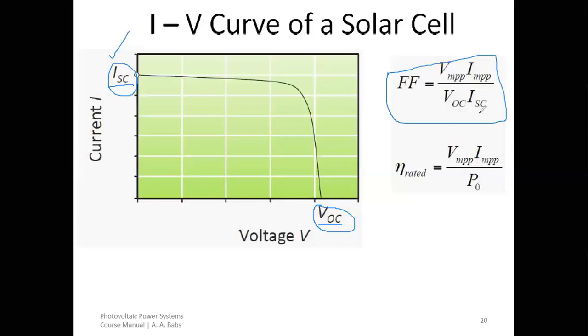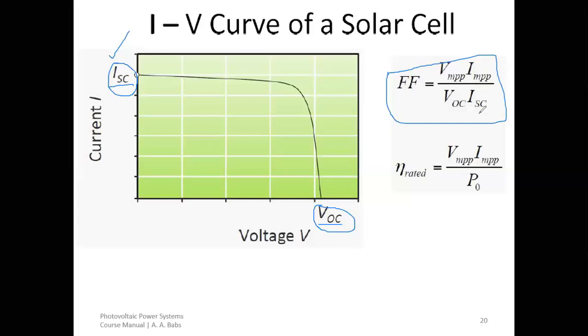V is going to be equal to 0. So I short circuit can simply be referred to as the current drawn if load is not present, the current drawn when the voltage is equal to 0. That can be referred to as our I short circuit. All of these parameters are important, and I'm taking my time to show you what they mean, because at some point you will need all of these things.